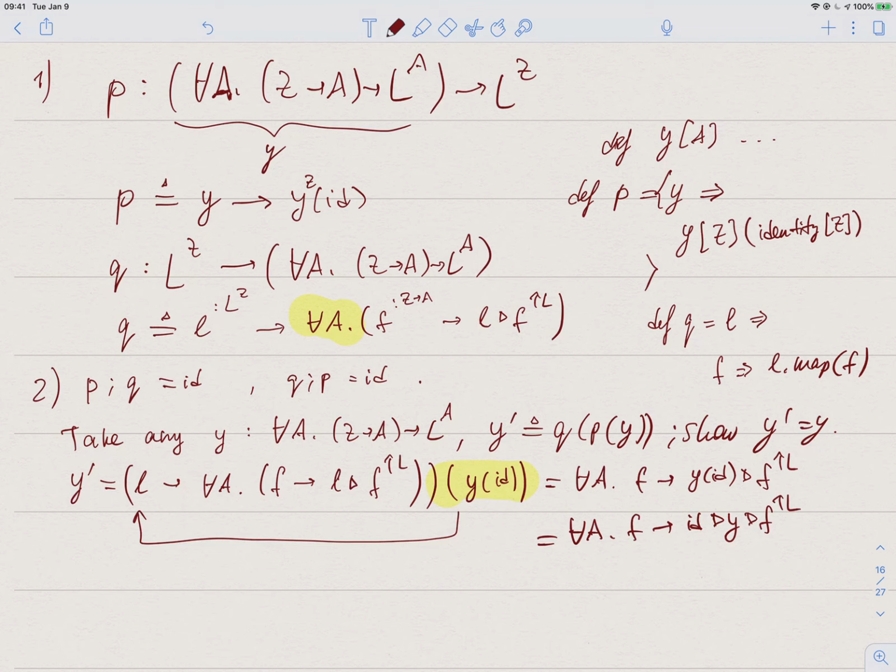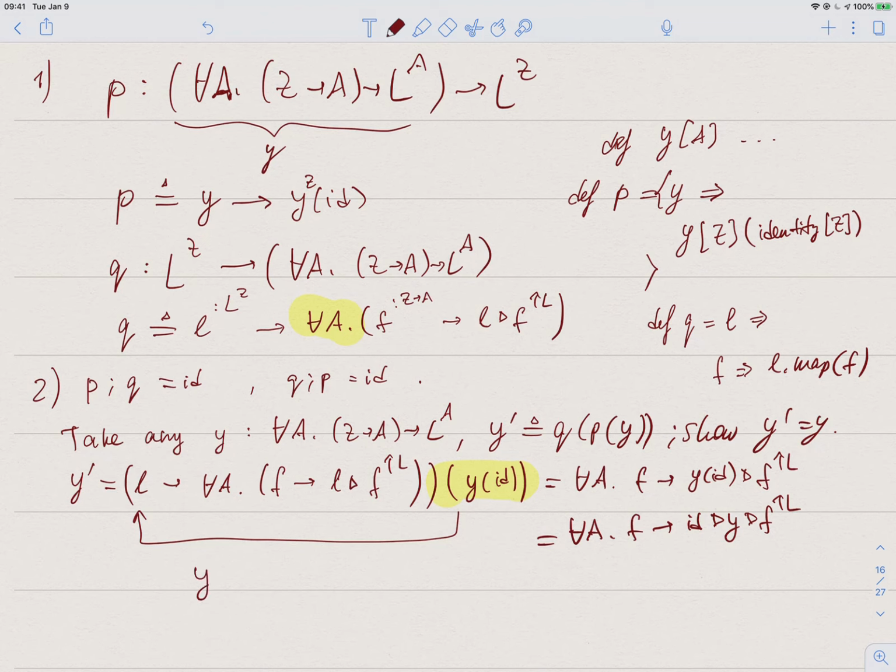Now, we know that Y is a natural transformation. So this is an important condition, that we're not just considering any functions of this type. We're considering only natural transformations of this type. This is a very important restriction. So what is a naturality law for Y?